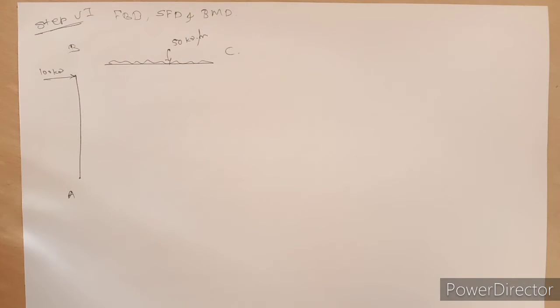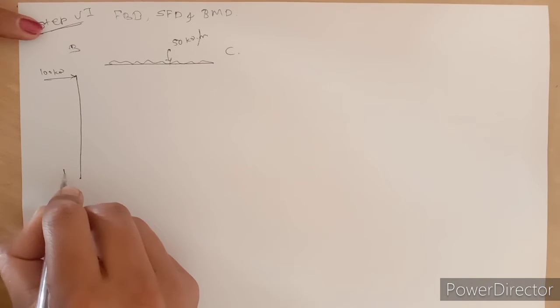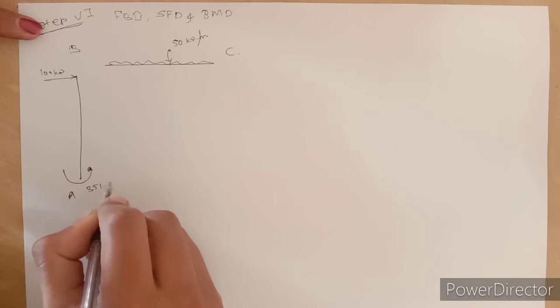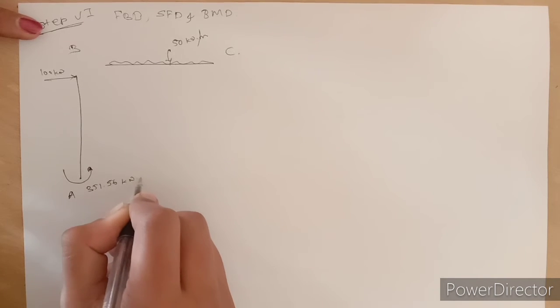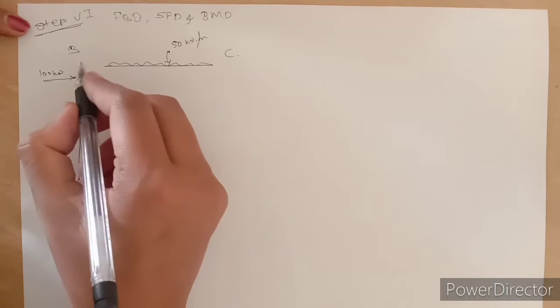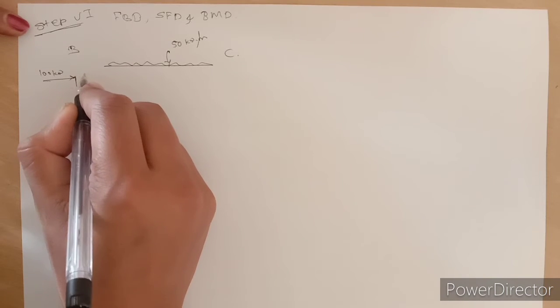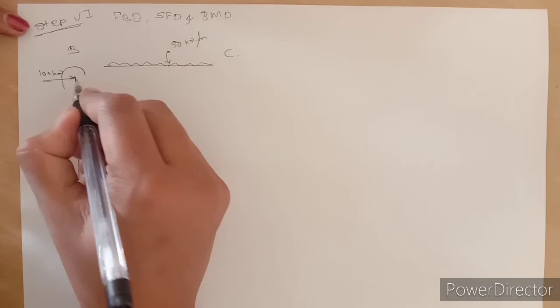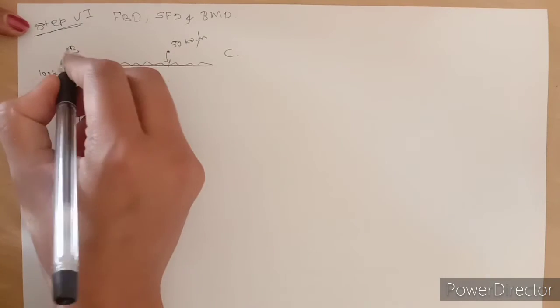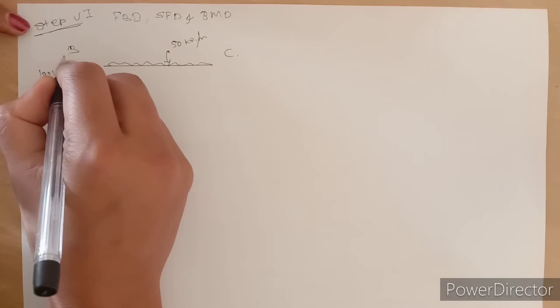The end moment at member AB is 351.56 kilonewton meter. Then the end moment at member BA is 148.44; both values are in positive sign.